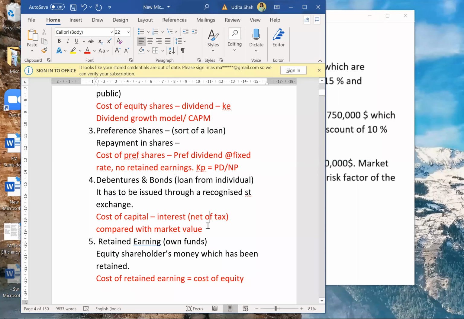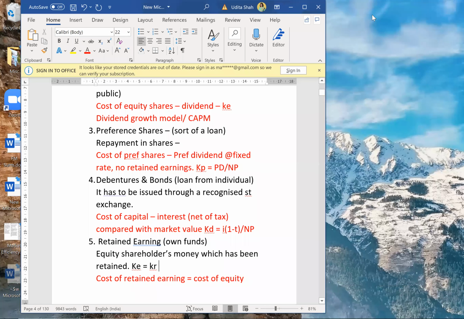So we have to compare that cost of interest with market value. So KD equal to interest net of tax, 1 minus T, upon NP. And retained earnings is cost of equity, so K is equal to KR. I hope you guys remember this.